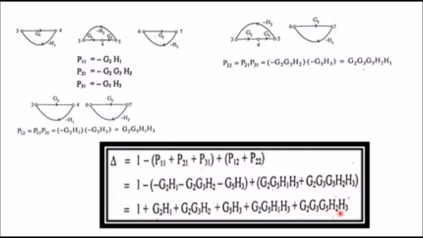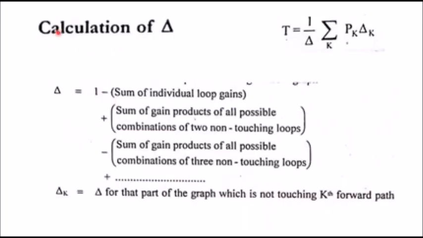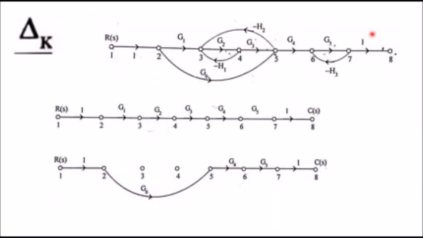Then after that we need to find del K also, and here K means the number of forward paths. We have two forward paths, so K ranges from 1 and 2. So what will be del K?